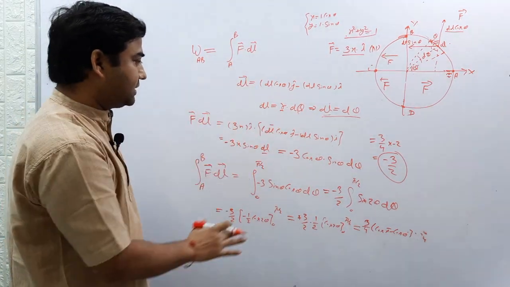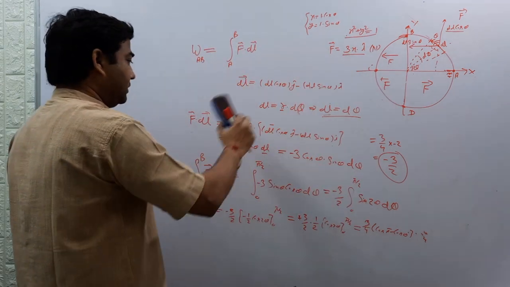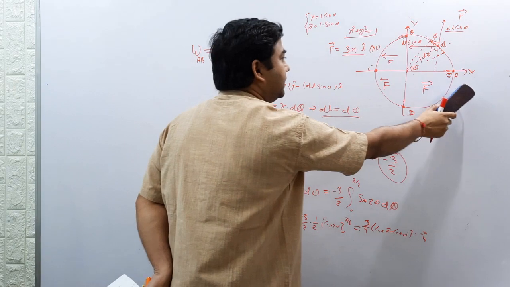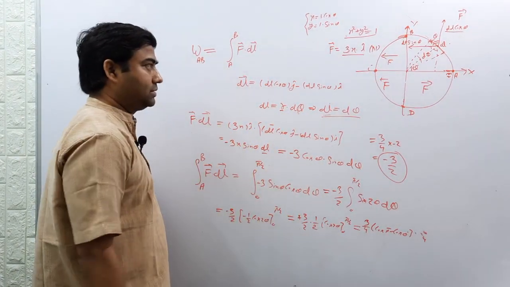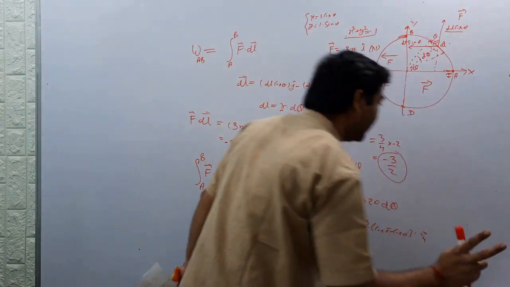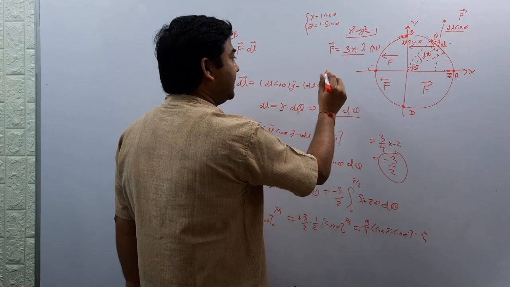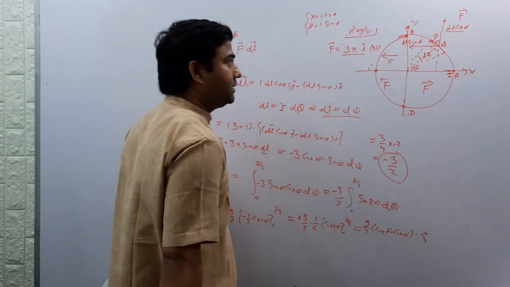So this is a very simple example. We have carried out line integration of force vector field from A to B, and this has come minus. So you can see why it is coming minus. Because we are finding the dot product of F and displacement vector.